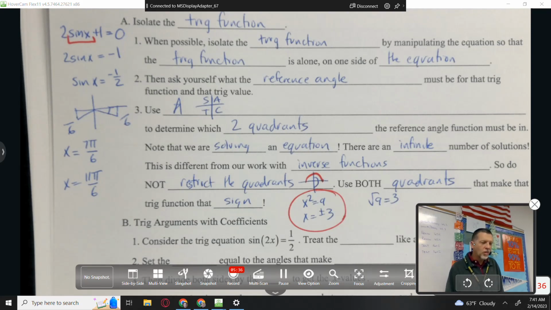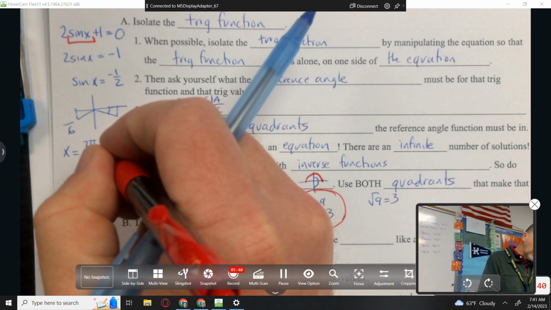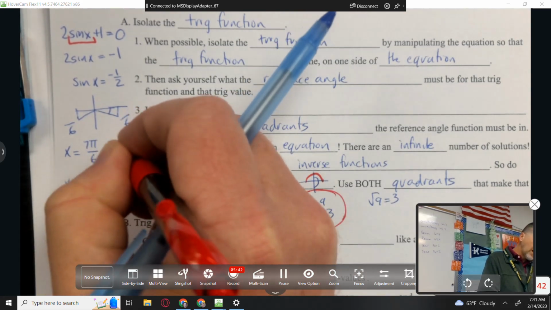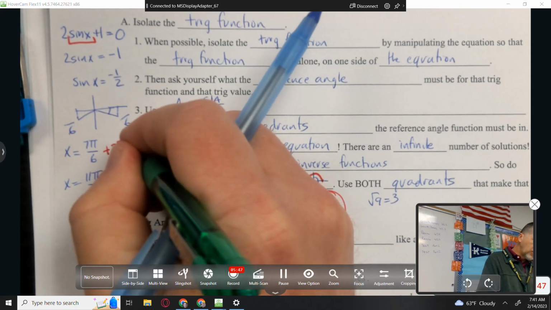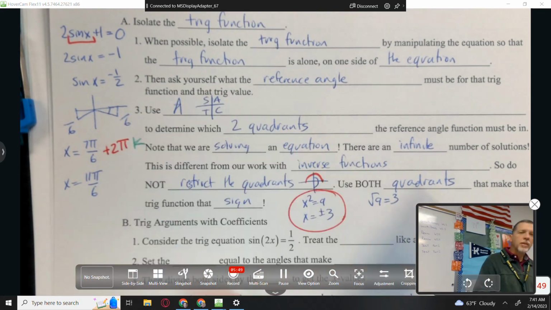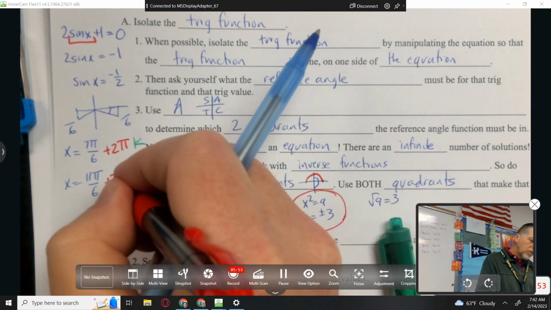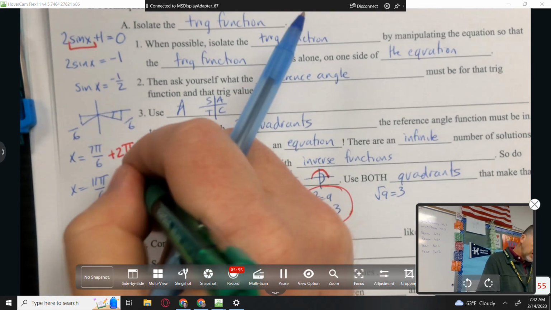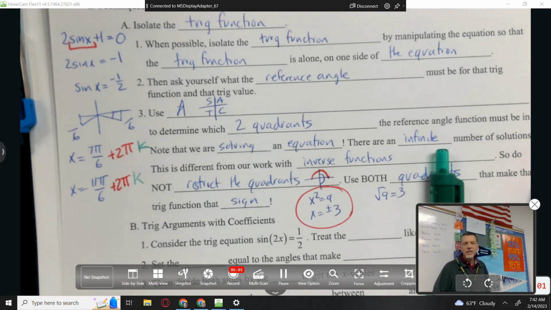Now, those aren't the only answers, so may as well address it here. I can add 2 pi to get another answer, but I could also add 2 pi any number of times. So we end up putting plus 2 pi times k, where k is an integer. So you can rotate around 100 times.